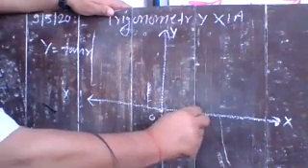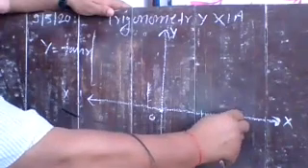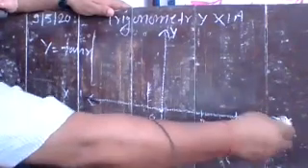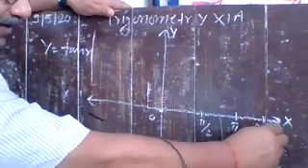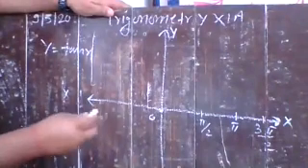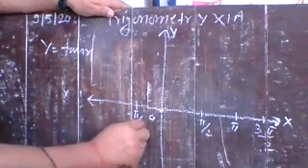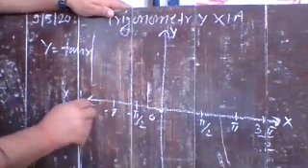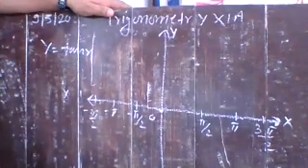Here you take pi by 2, and again here pi, and one more point you can take, 3 pi by 2. In the same way, in the negative direction, you can take minus pi by 2, minus pi, and minus 3 pi by 2.